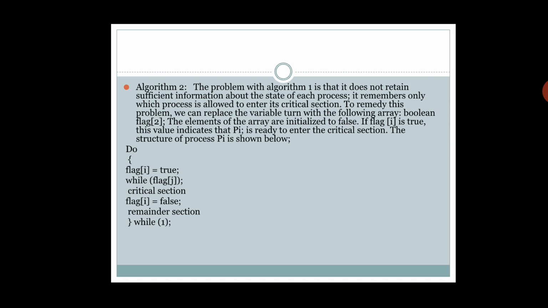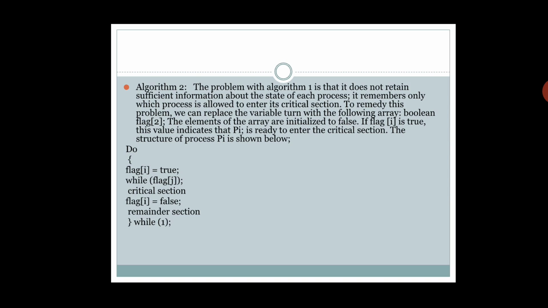Once it is done with the critical section, then flag of i is set to false. It means that particular process is still taking the action, it is in action, because when flag of i becomes false, then only other processes are allowed to take the critical section. That is the concept of algorithm 2. You have to see this particular algorithm. That's it.